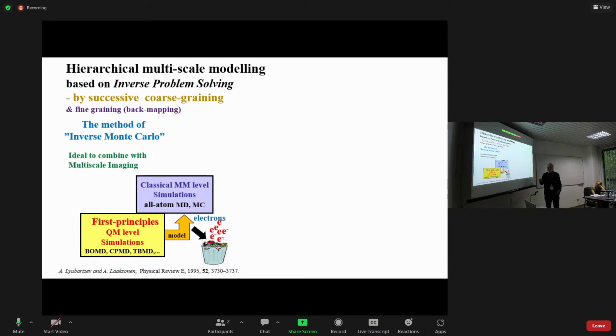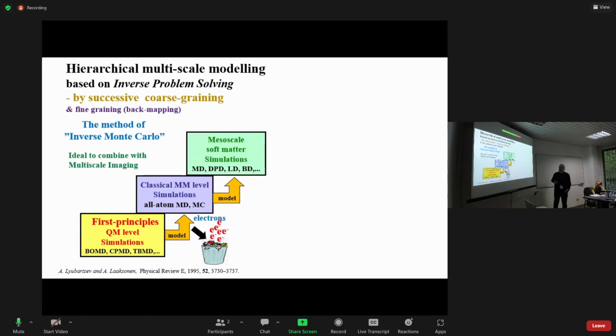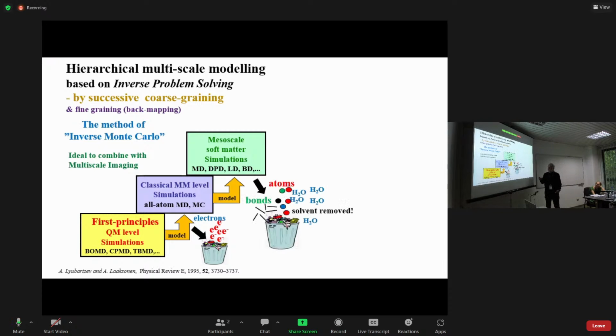Now, here we can increase the size of the system like 2 orders of magnitude because we don't need to treat electron degrees of freedom. And we do exactly the same. From results we get from here, we can create a model we can use again on the next level, which is the mesoscale. And here we throw away lots of things which we don't need here.